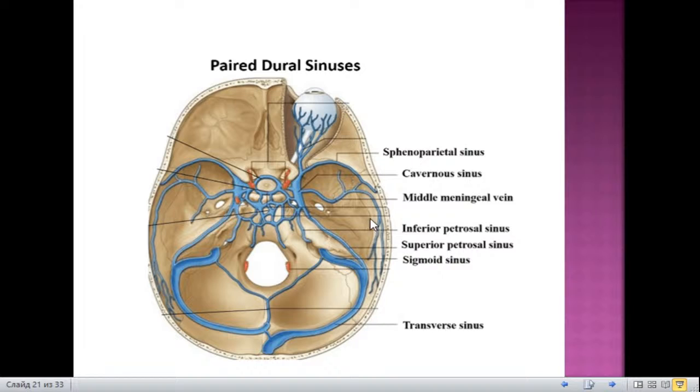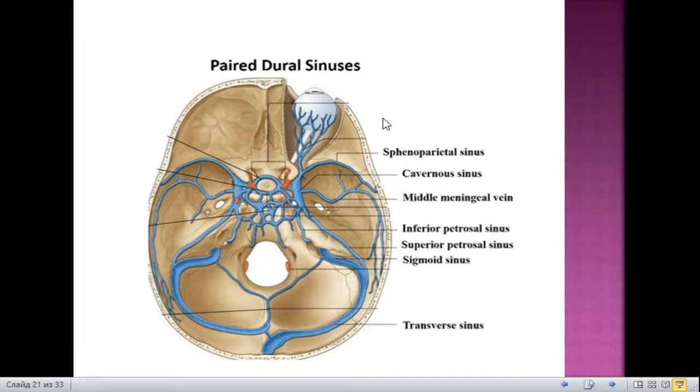After that, the next tributary for the sinuses is the labyrinthine veins. Labyrinthine veins collect blood from the internal ear and partly from the middle ear and drain into the sigmoid sinus or inferior petrosal sinus. After that, ophthalmic veins, they are shown here, two veins: the superior and inferior ophthalmic.